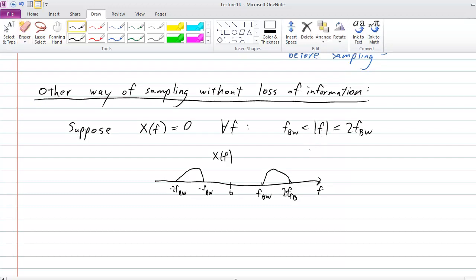Here I'm defining where it's non-zero, and I want to define where it's 0. So this should be F. Good point. Okay, so this is what we've drawn here.